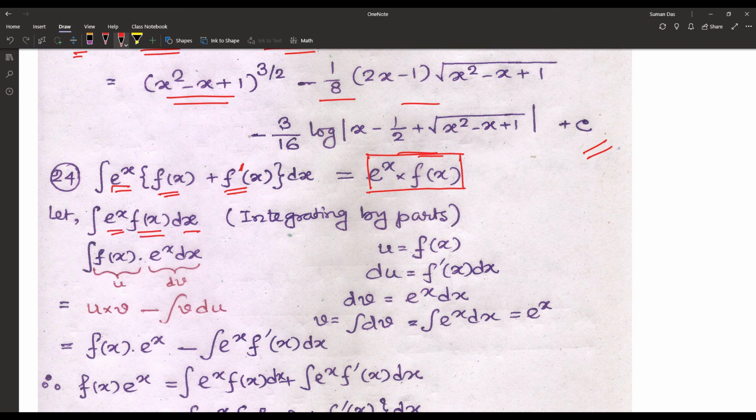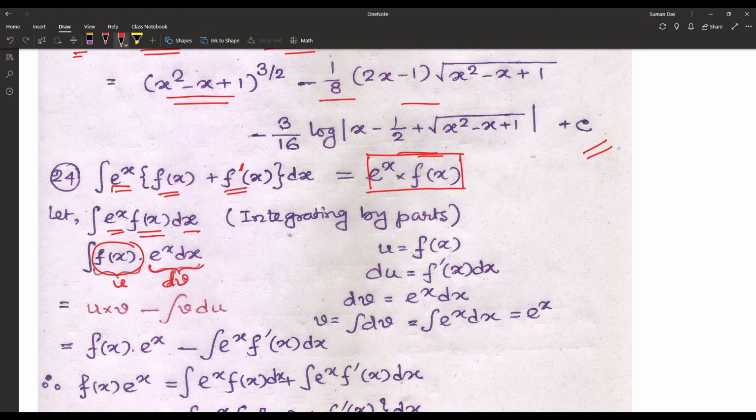As per the ILATE property, we are taking the function of x, suppose it is algebraic, as u, and the exponential function we are taking as dv.